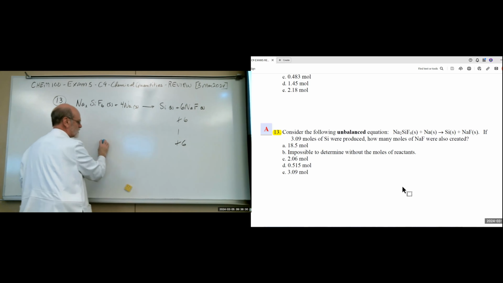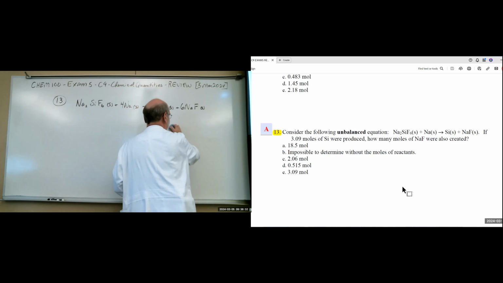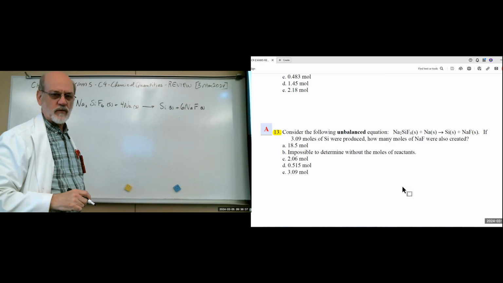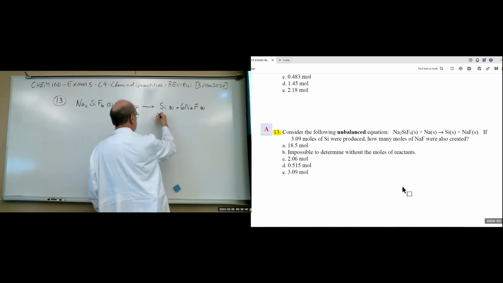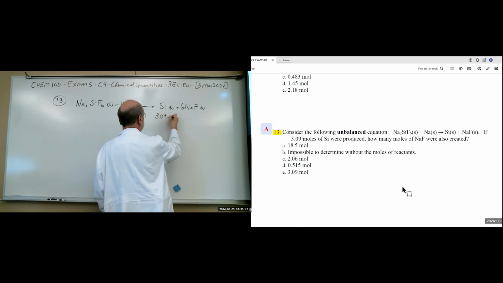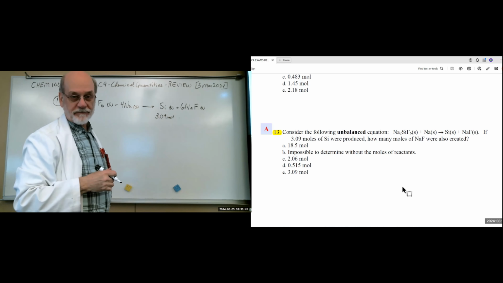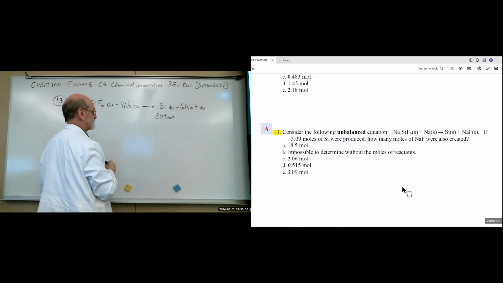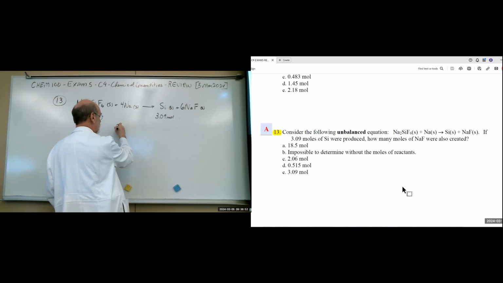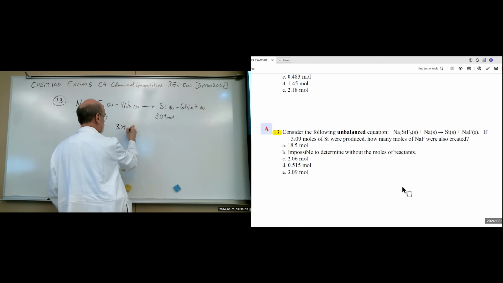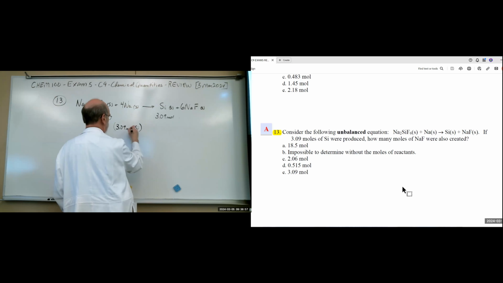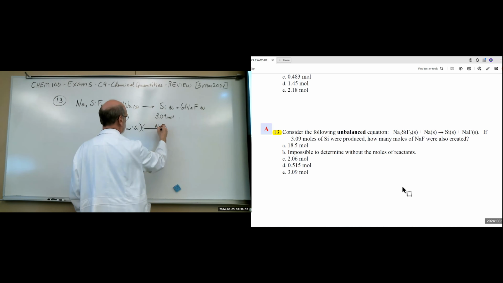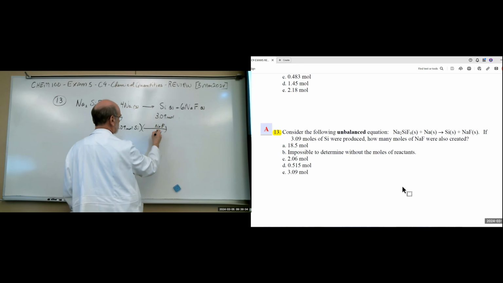Now that we've got a balanced equation, we can do some stoichiometry. 3.09 moles of silicon were produced. How many moles of sodium fluoride were also created? Okay. So all we need is this silicon and our conversion factor. Right? We want to know sodium fluoride, and silicon cancels.